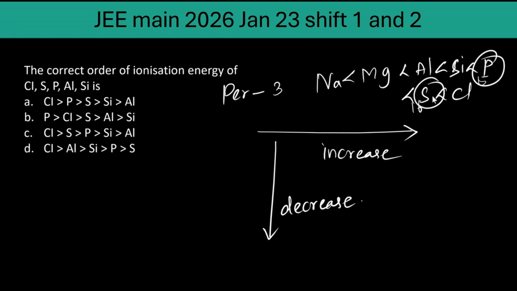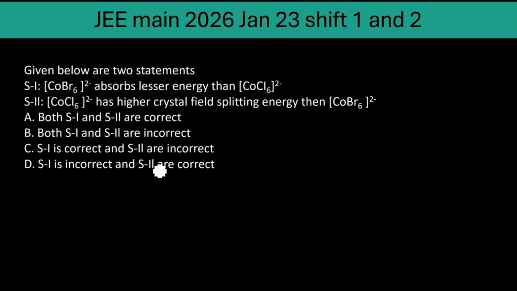Phosphorus has a half-filled configuration and sulfur has 3p4 configuration, from which an electron can be easily removed so that sulfur can become half-filled. So the ionization energy of phosphorus is more than sulfur here. So the correct order becomes Cl will be greater, since it doesn't want to give up the electron, and then comes phosphorus, then sulfur, silicon and aluminium.